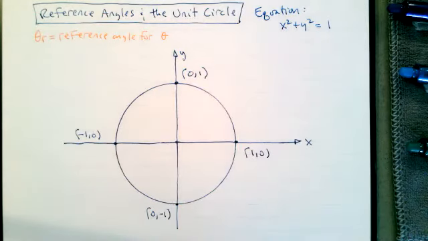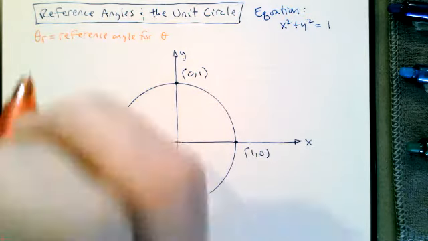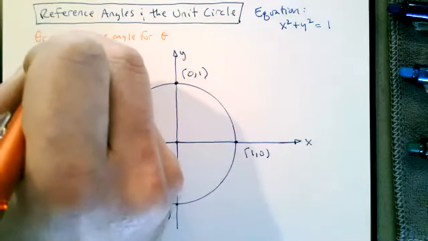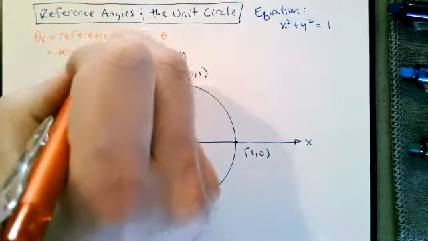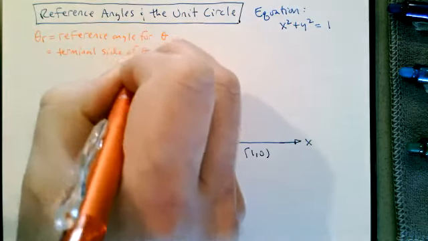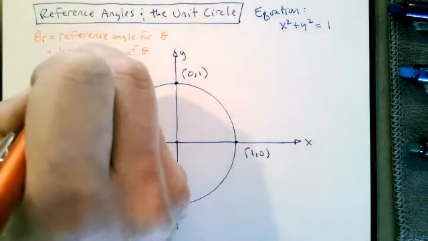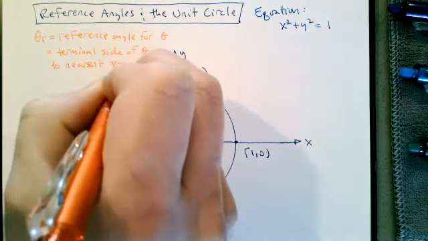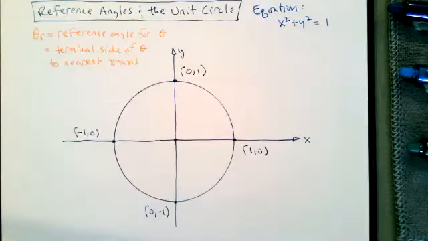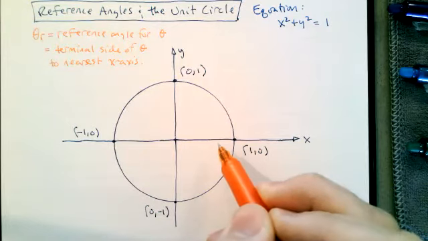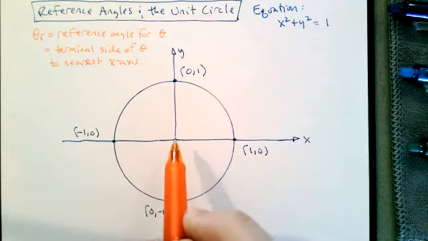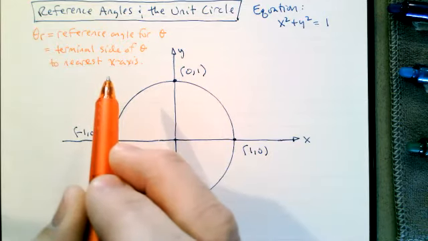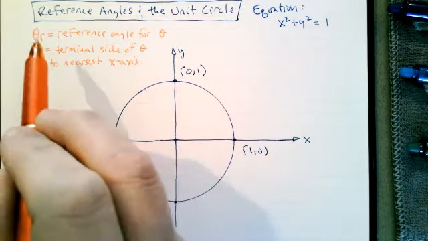It's the angle between the terminal side of theta and the nearest part of the x-axis. So if we're in the first or fourth quadrants, we're going to want to go to the positive x-axis. If we're in the second or third quadrants, we're going to go towards the negative x-axis, the nearest part of the x-axis. And I'm going to call that theta r.